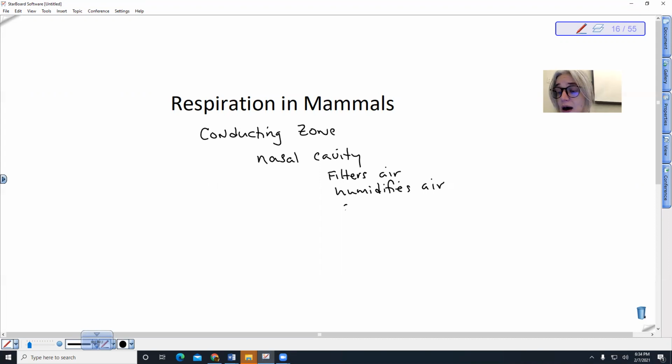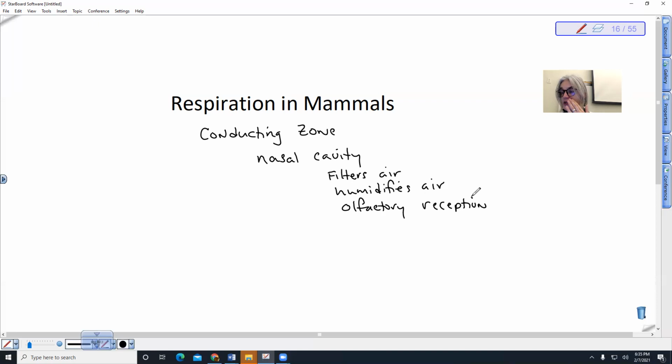And it also allows for olfactory perception or sensation, olfactory reception. That is smell, which we're going to talk about when we get to the senses.